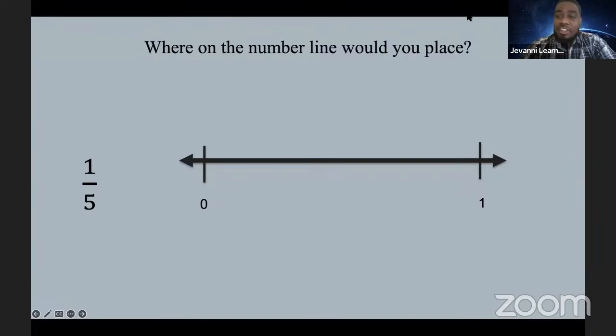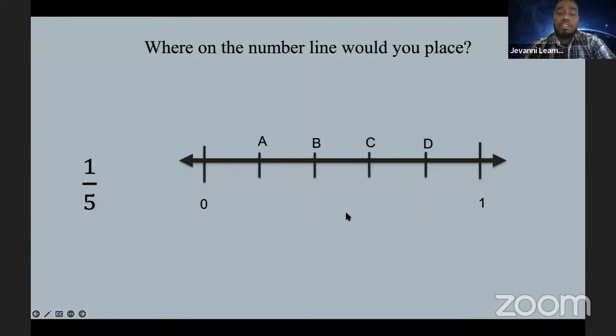All right, good. And what tells you that again? What tells you how many intervals you should have from 0 to 1? You're breaking up. All right, cool, you're singing like a chorus. Denominator. So we have 5 equally spaced intervals.